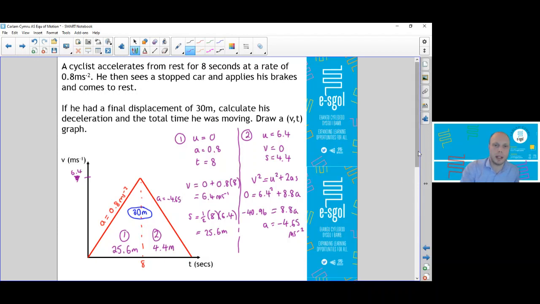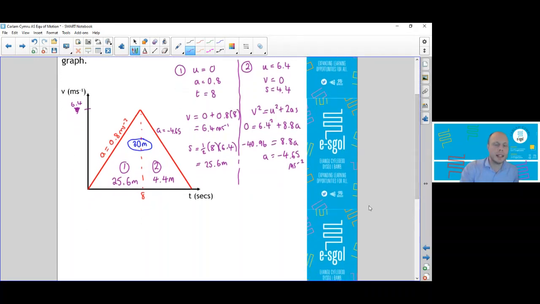Okay, and I'll give myself a little bit of room now. If I want to find the time, so I've got V, U and S. I don't particularly want to use that A value because that has been rounded, or could have been rounded. So I'm going to go back to my original three values up here because I know that they are accurate. And I'm going to use S equals a half U plus V, times T, for this.